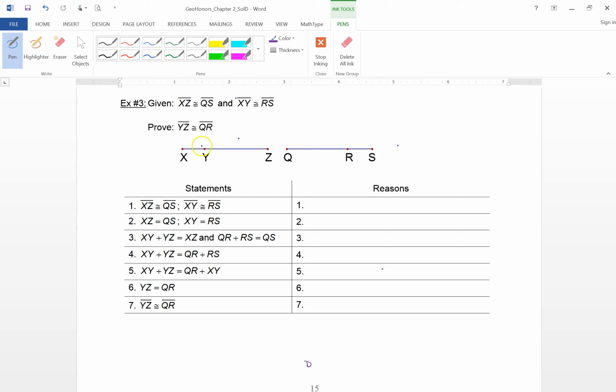So XY is congruent to RS and XZ, I can do this to this. Okay? All right, so this is the given.